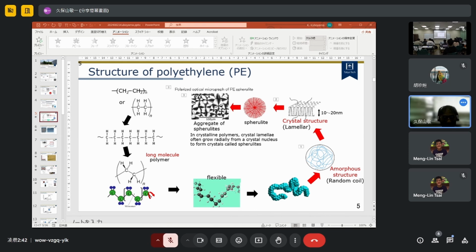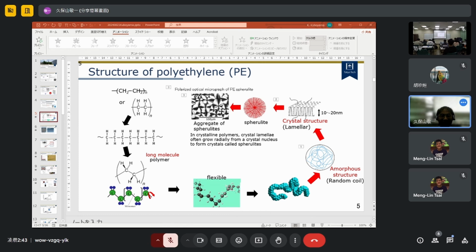Should I restart from page 4, or which slide should I use? I think page 4 is fine. Okay, I'm sorry. I'd like to use the animation of the PowerPoint slide, but okay.